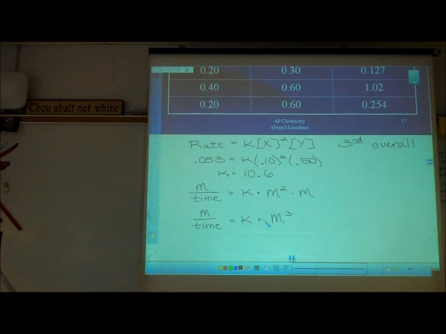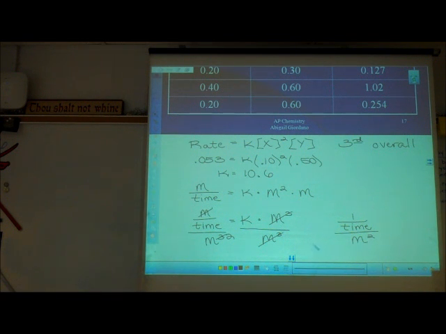Now let's think basic algebra here. How could I isolate k? Sounds good. Those are gone. How can I simplify this a little bit? What gets canceled out? The top M, and then this becomes... So the units for k, I'm going to write it in multiple ways. All of these are acceptable. You could write it like this. This is sort of a clunkier way to write it, but it is still correct.